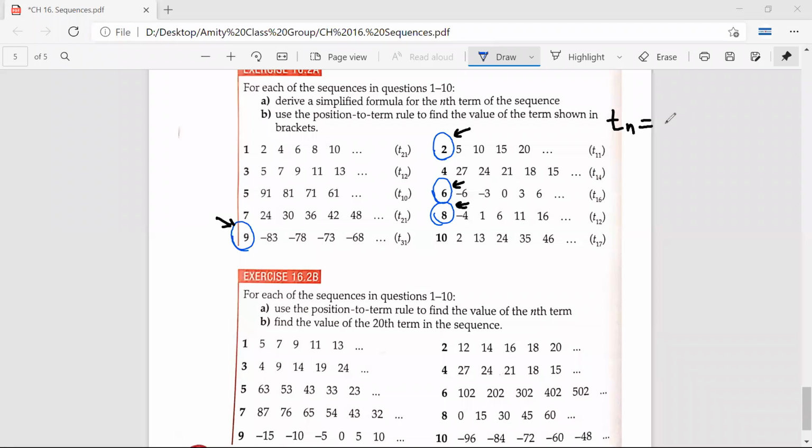Okay. Soumya ji, question number 2. How did you find the Tn? Tn is equal to 5 plus bracket 11 minus 1 bracket 5, and my answer is 55. So what is your Tn?